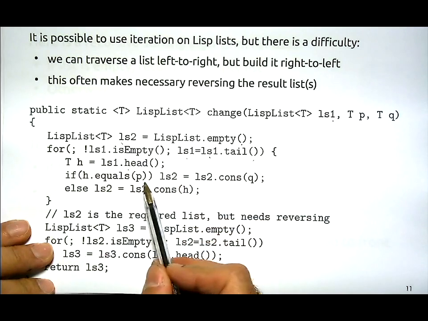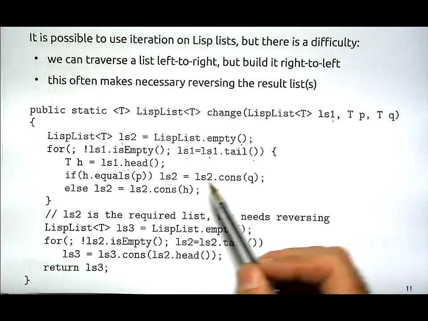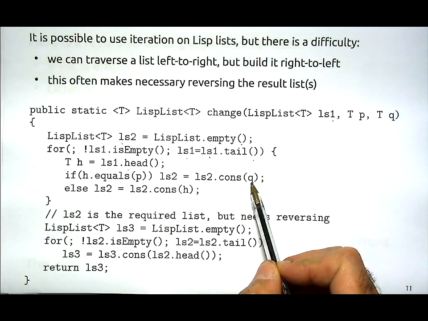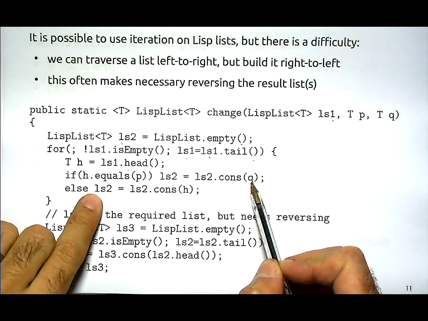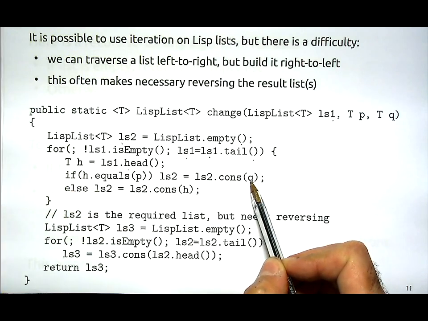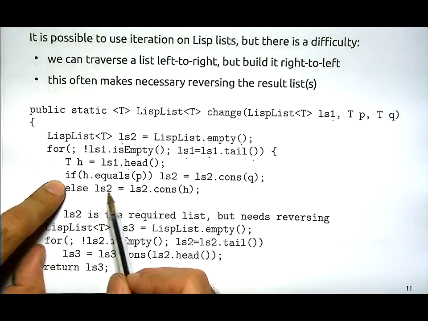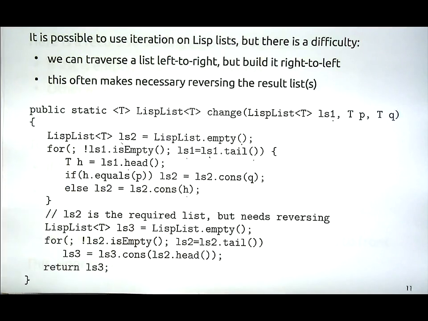If the head is p, then you say, okay, this ls2 that I started constructing, then put back q. So if p is not equal to the head, then you put back the head to ls2.